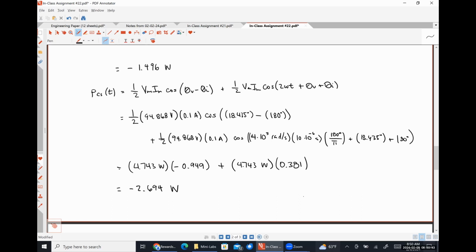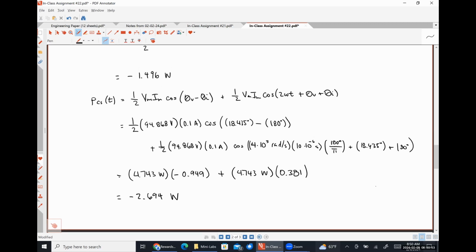Brandon, you had a question? So for the DC portion, you subtract 180 degrees from the sign. So I said that the phase angle of my current was positive 180 degrees. If we look at our equation, we have theta v minus theta I for the DC part and theta v plus theta I for the AC part.